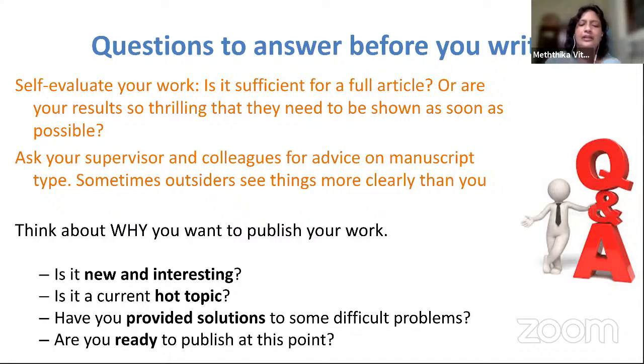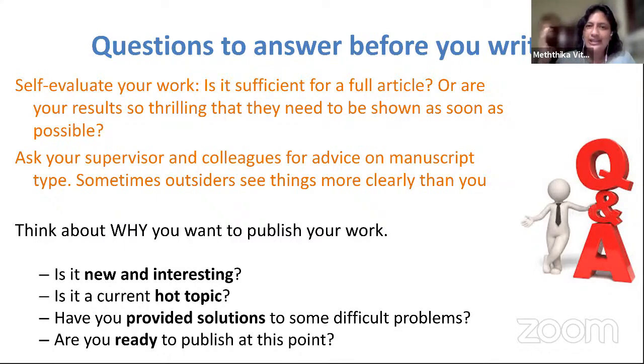So why do you want to publish your work? You need to self-evaluate with these 4 questions. You need to ask yourself, is this new? Is this data interesting? It may be interesting to you, but it may not be interesting to somebody else.